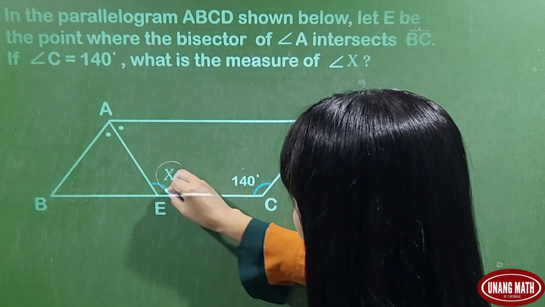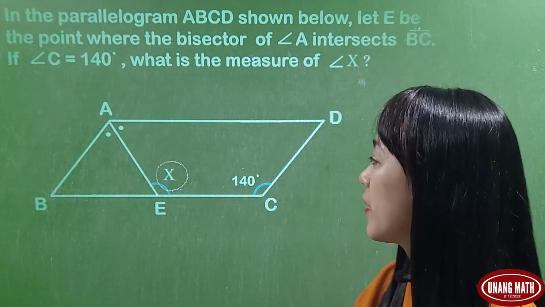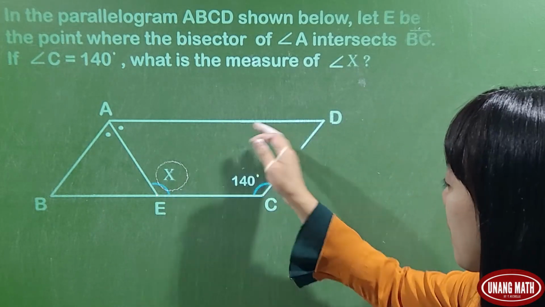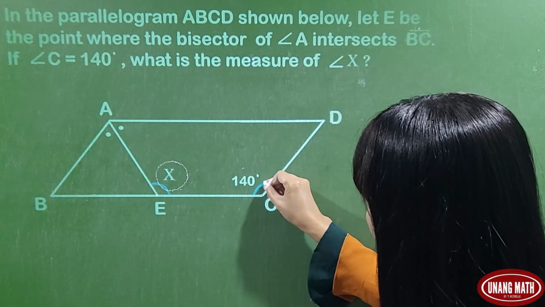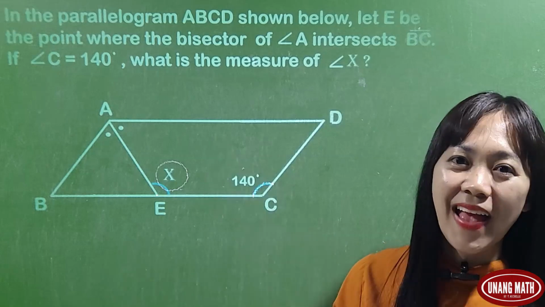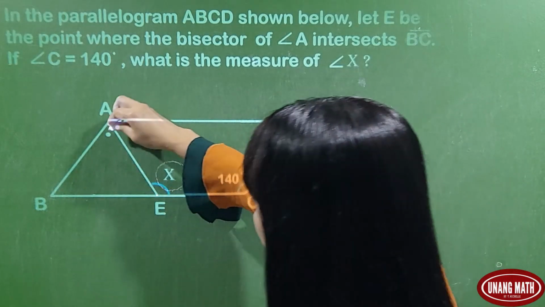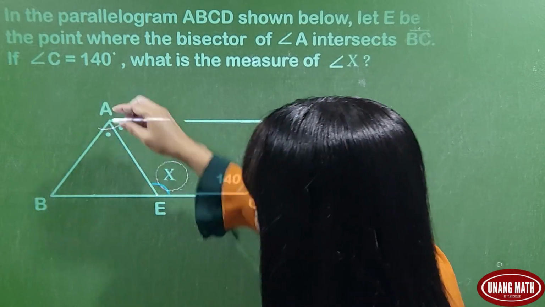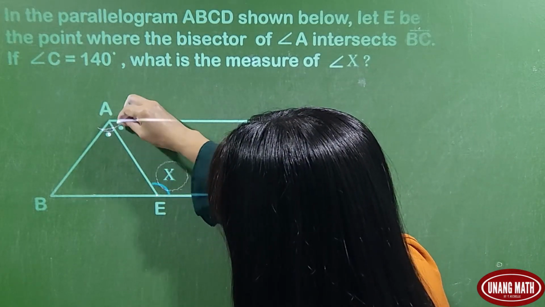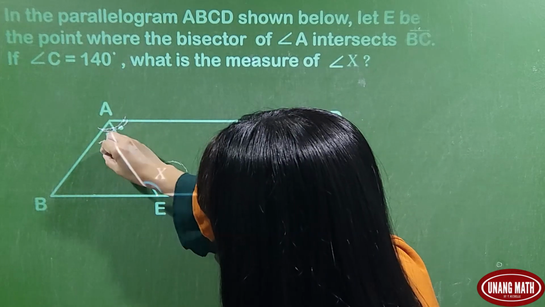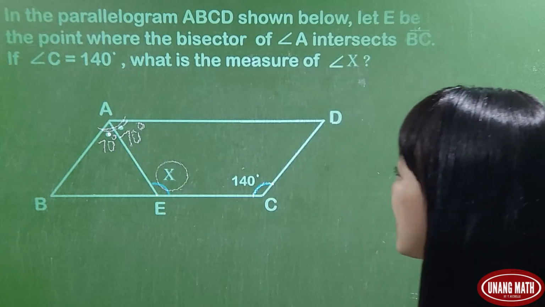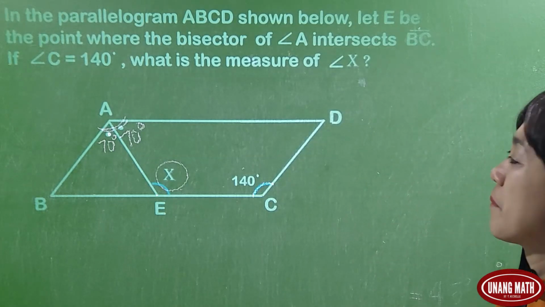So we are looking for this angle. This is a parallelogram, and angle C is 140 degrees. Opposite angles are equal in measure, so this whole angle is also 140 degrees. It's indicated that this angle is equal to this angle, so this is 70 degrees and this is also 70 degrees.